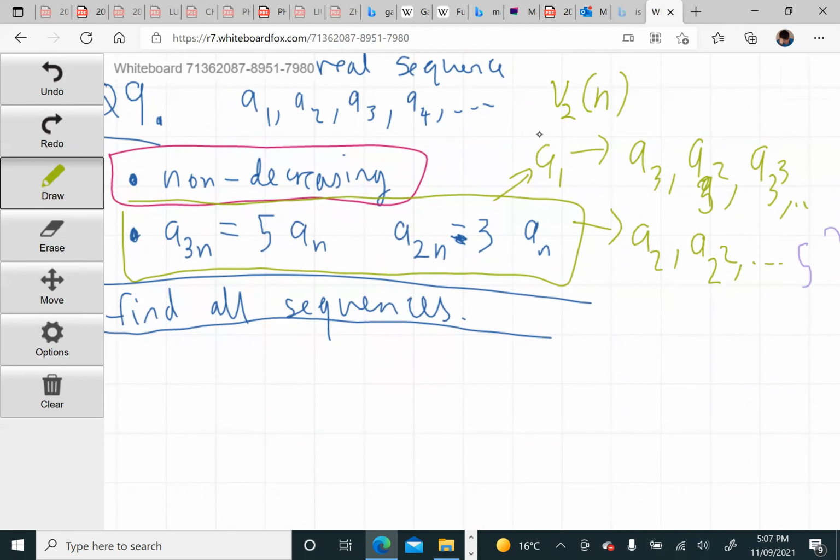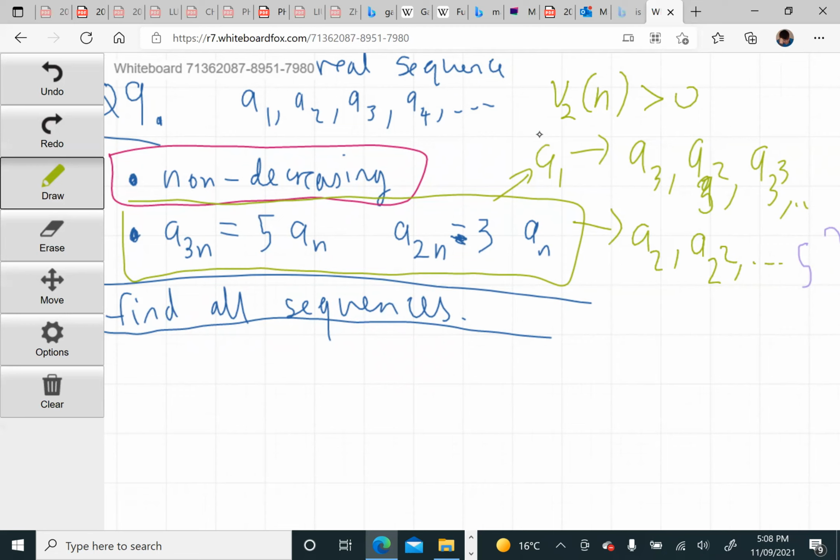So basically, if nu 2 of n is positive, so if n is even, then it's going to be determined by something with fewer 2's in it. So it's ultimately determined by something with no 2's in it and no 3's in it. And actually, you could define them to be whatever you wanted.